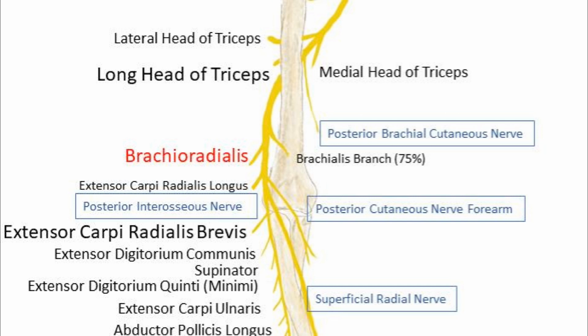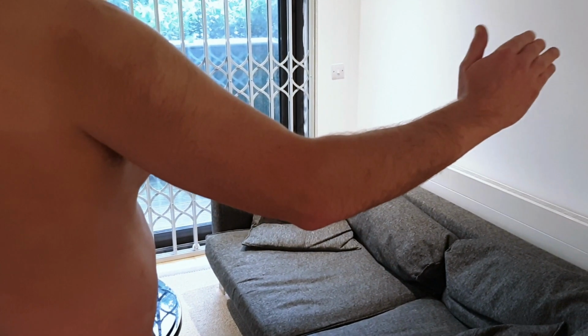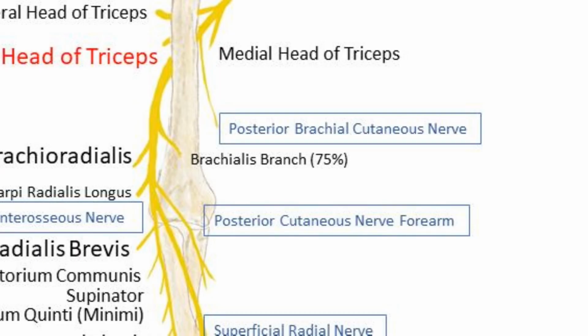The next important branch to talk about is actually the brachioradialis branch, and that basically will help to flex the arm in the mid position. So not when it's supinated, not when it's pronated, in the midway position. It's one of the flexors of the arm.